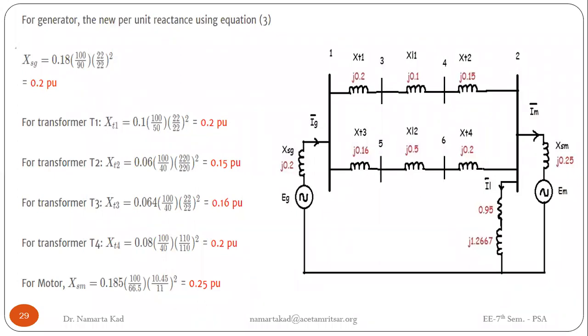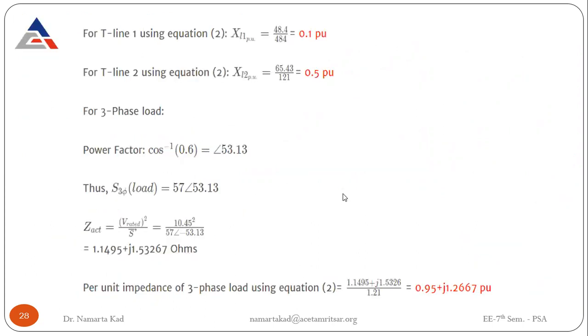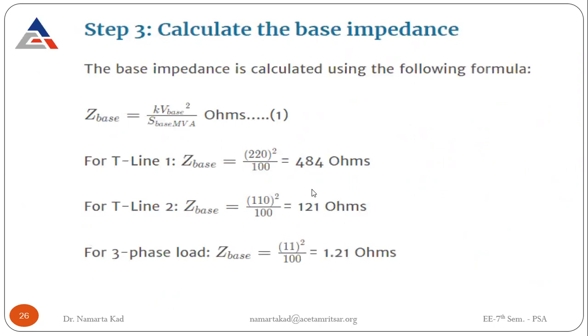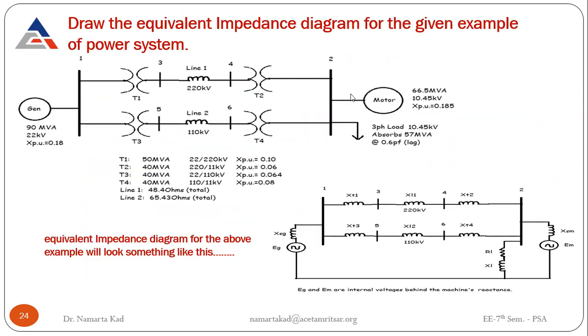Some values are given in the question, but you have to calculate the new per unit values as per your assumptions. So this is a very important numerical related to the conversion of a single line diagram into the reactance diagram using per unit systems. Okay, thank you.